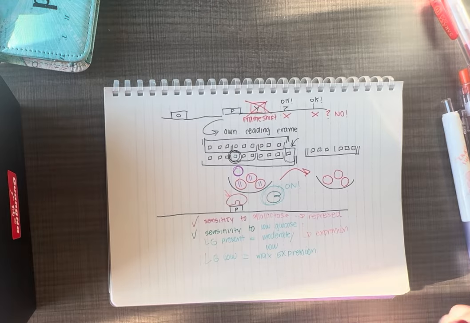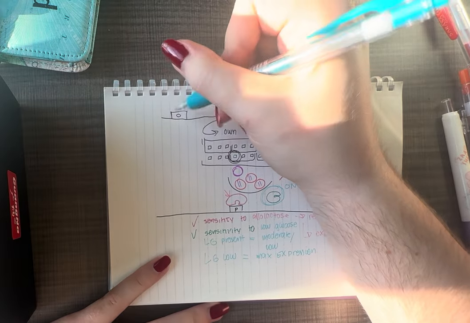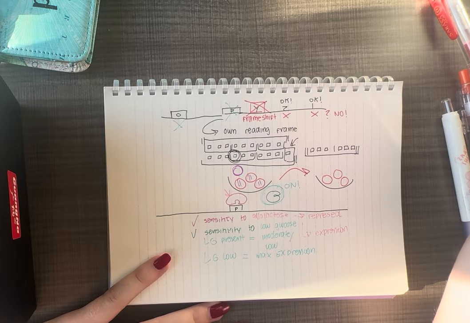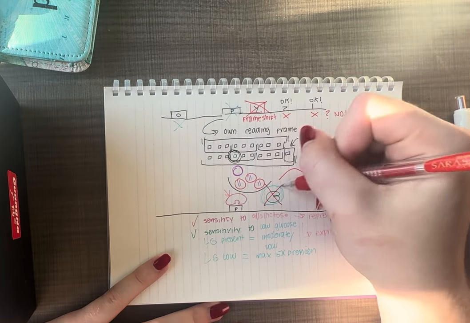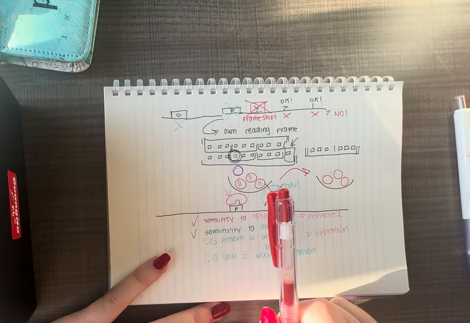I hope that makes sense. So I want you guys to practice this on your own. Imagine, what if you have a mutation here? What if you have a mutation on the promoter? What if you have a mutation on, well, CAP? I want you guys to think of these scenarios and practice in your head. I'm not going to give them all to you because I don't have the time.